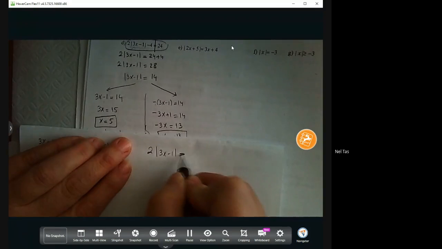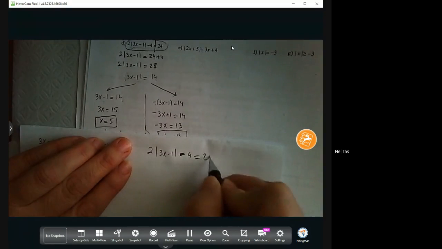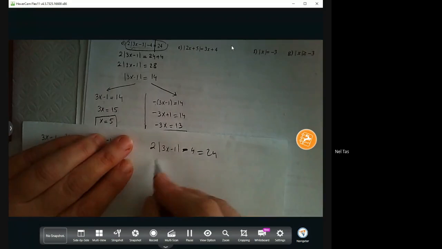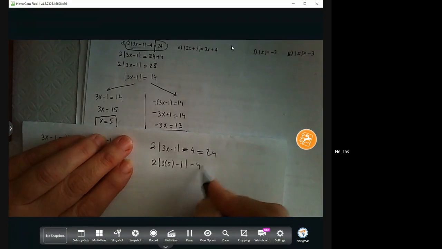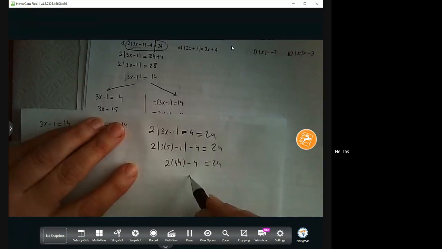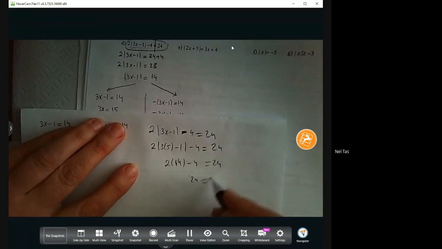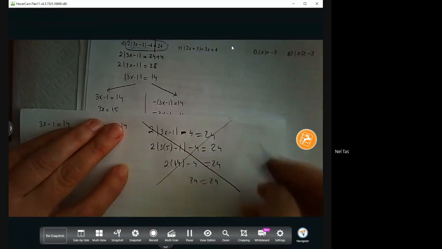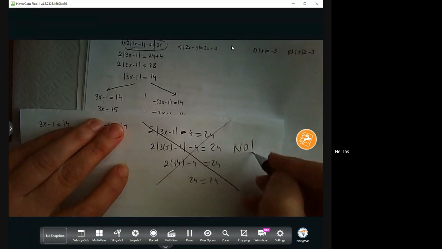So this is the original equation. And then you are, let's say, checking 5. Don't do this, please, okay? 24, and then you do this 2, 14 minus 4, and then you get 24 equals 24. Okay, we don't do this.